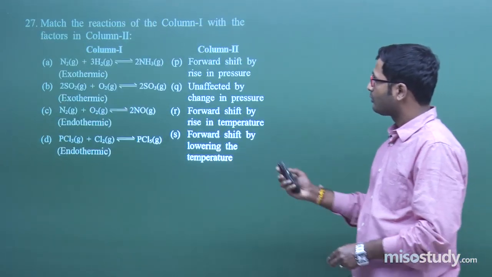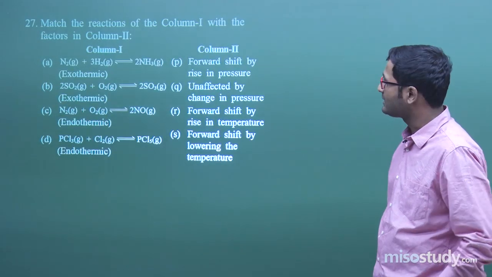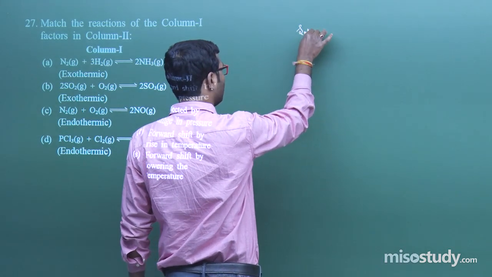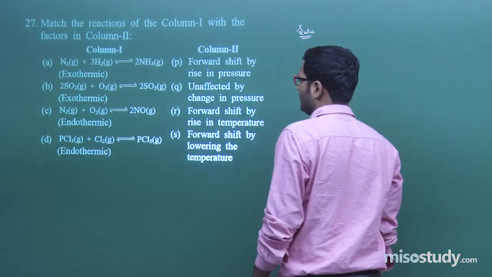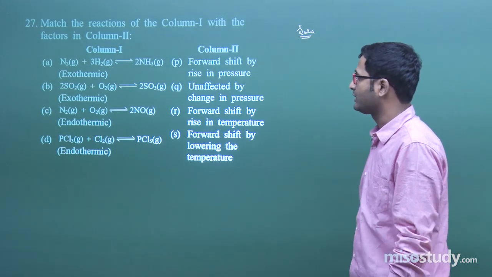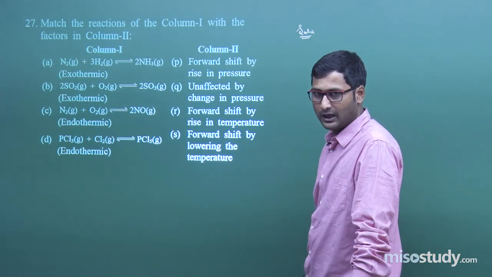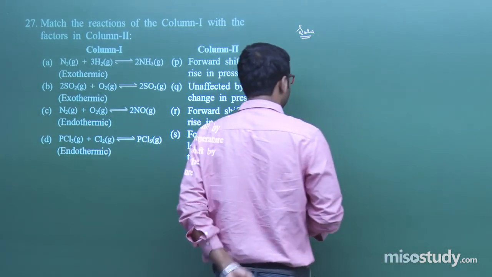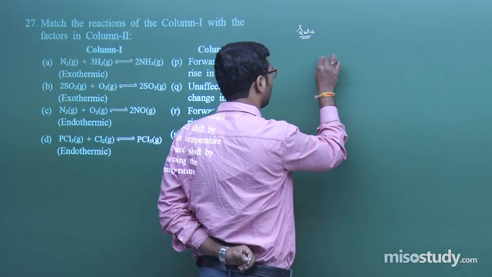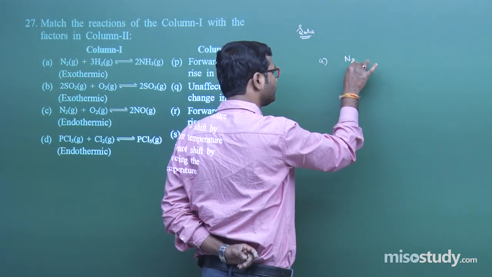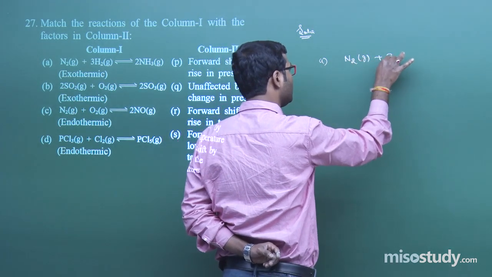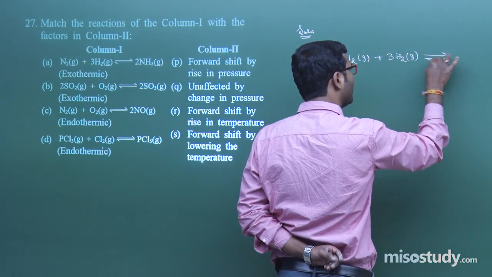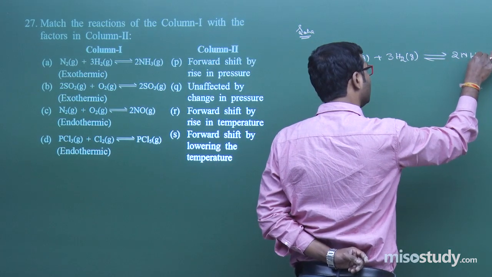Now question number 27, again this is a multiple choice question. This question can be done by using a method, that is Le Chatelier principle. Look here, as I told you, in the first option given here, N2 plus 3H2 gives you 2NH3, ammonia.